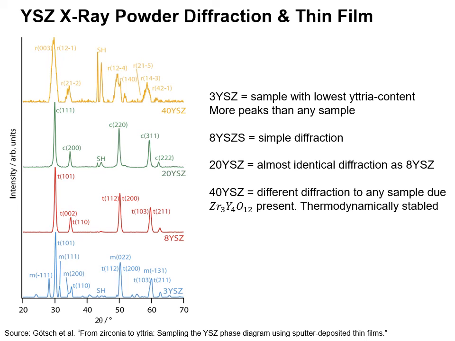The one that is a drastic change, like I mentioned throughout the presentation, is the 40%. Here you see a lot of peaks throughout the 2 theta range, and this is due to the ordering, the high mobility of the lattice that is present. So here you have your intensity versus 2 theta, like I mentioned.